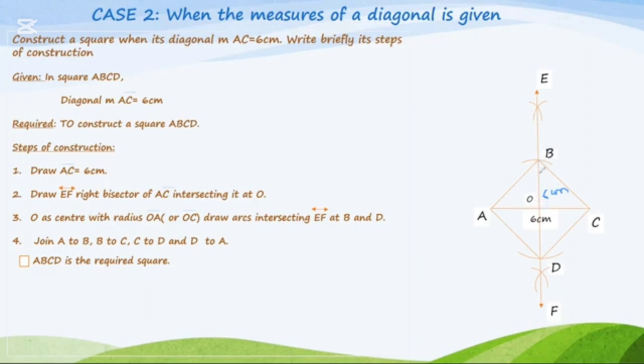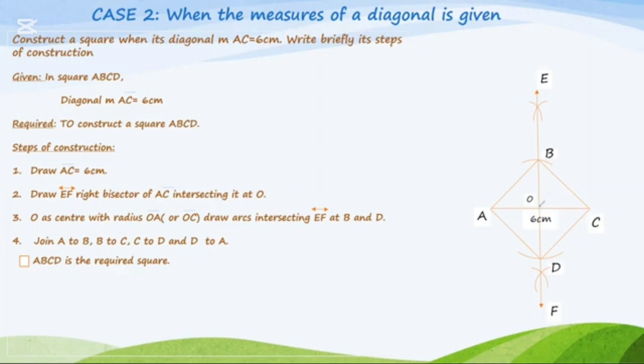Why must BD be equal to 6 centimeter? Because AC and BD are the diagonals, and the diagonals of a square bisect each other. They are congruent and they are perpendicular as well. So if BD and AC are equal to each other, that means you have drawn the correct square.